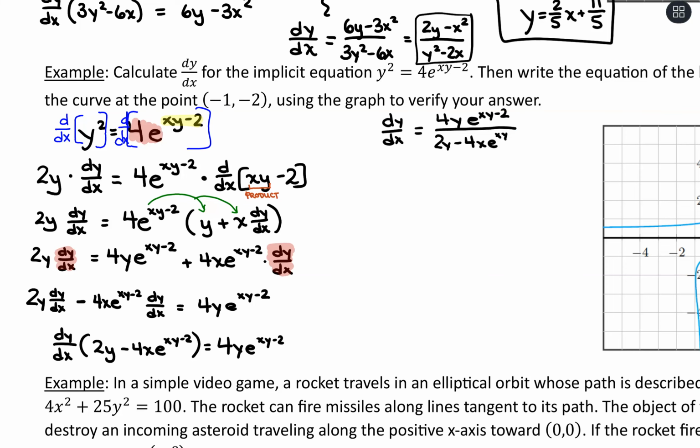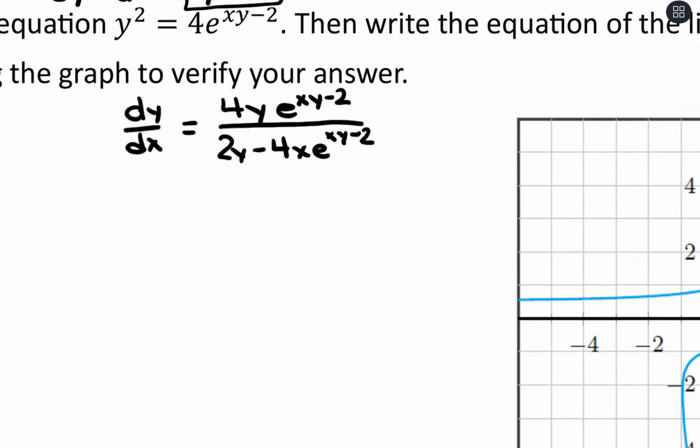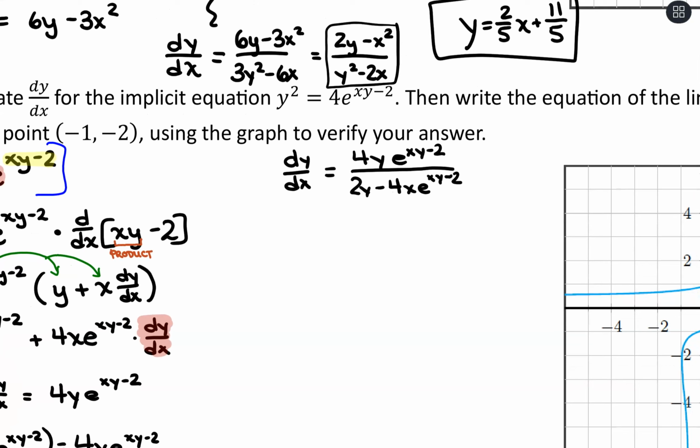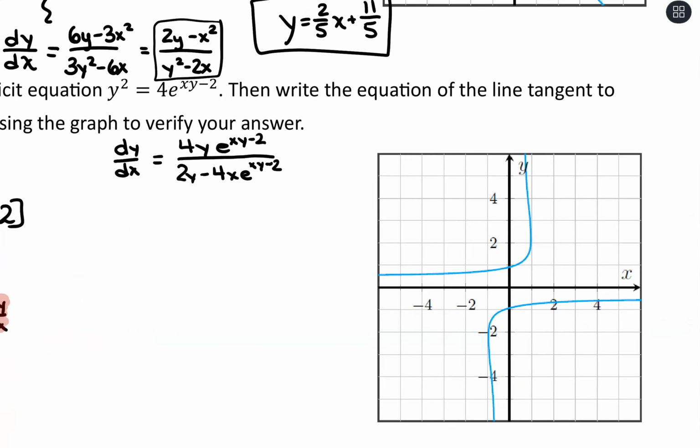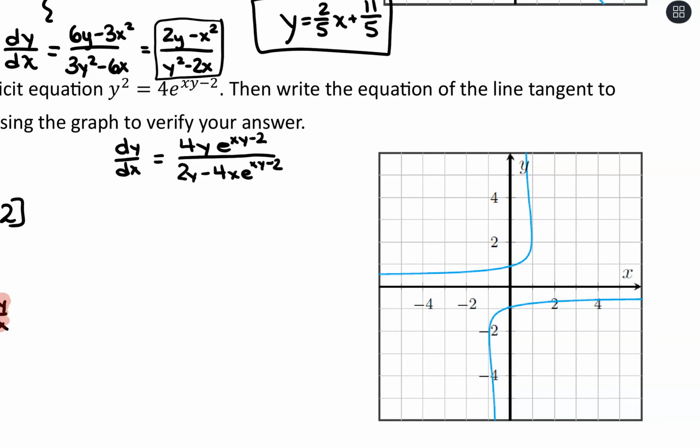Okay, so from there, we're going to evaluate this at the coordinate (-1, -2). So since we have this graph here, let's take a look at where that is. So we're right there. So it looks like it might be vertical. It could also maybe be a little negative. We'll see as we plug this in.